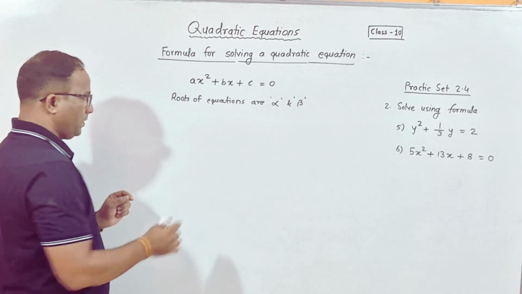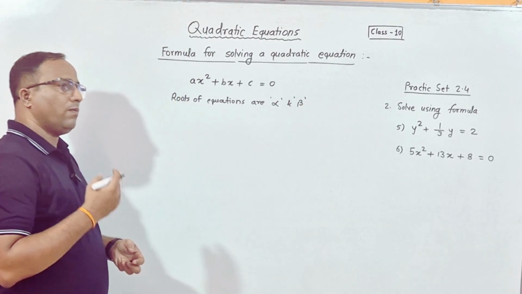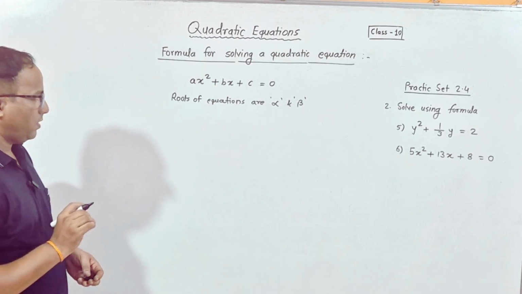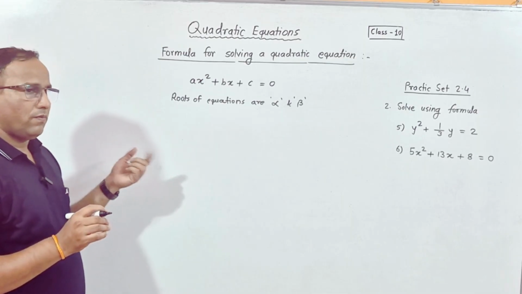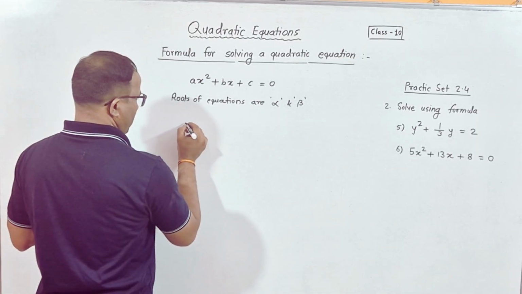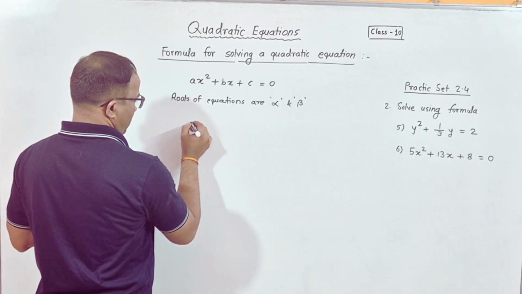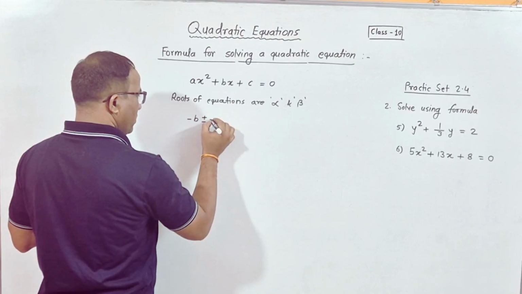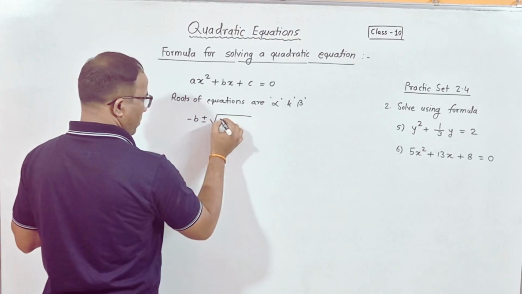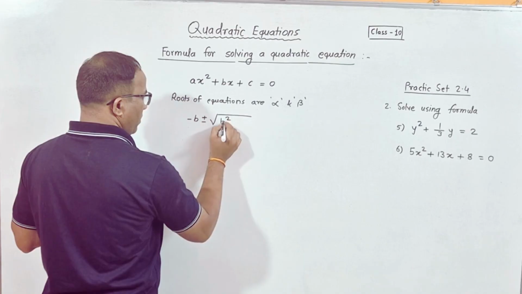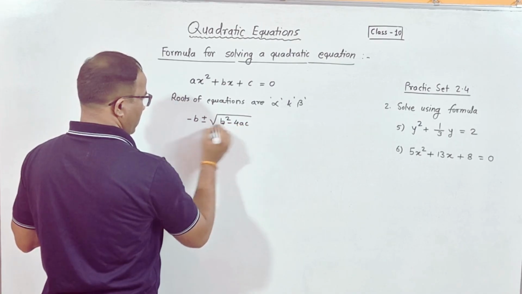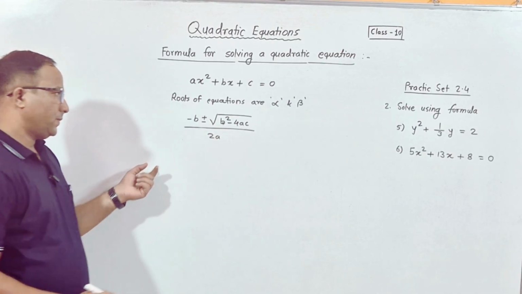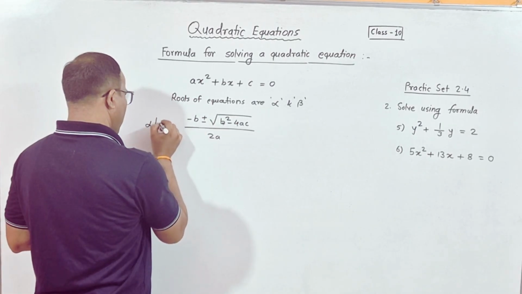Okay, now the formula for getting the value of alpha or beta, meaning the two values of x which are alpha and beta. The formula is minus b plus or minus under root b square minus 4ac upon 2a. Okay, this is the formula for alpha or beta.